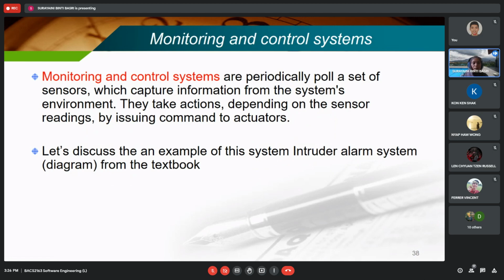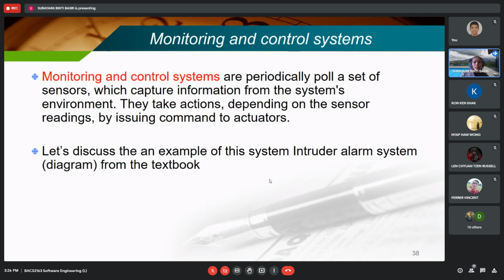They take action depending on the sensor reading, and issue commands to the actuator. So the system will take action based on the sensor by issuing some actuator.